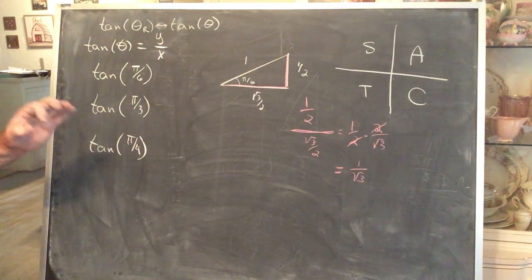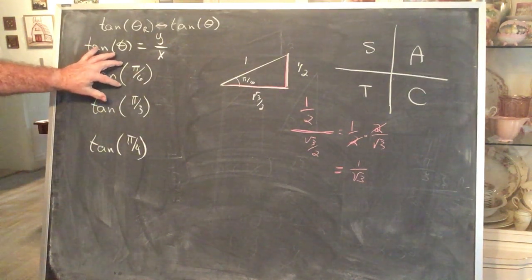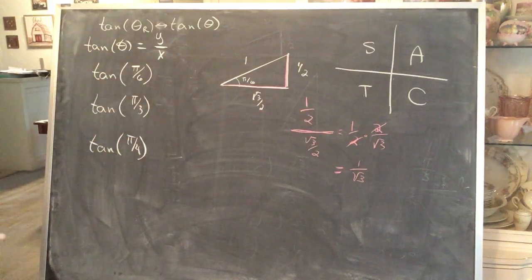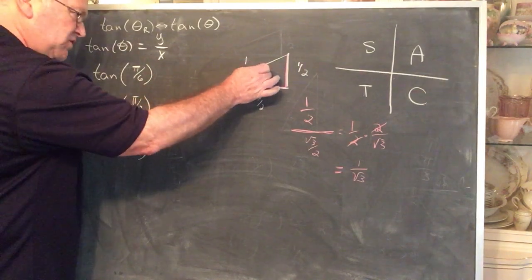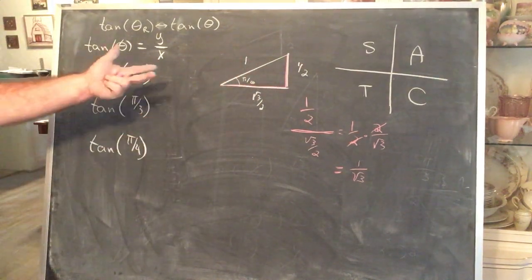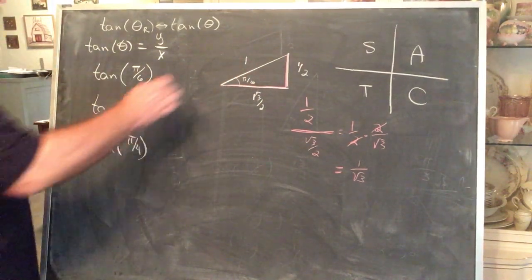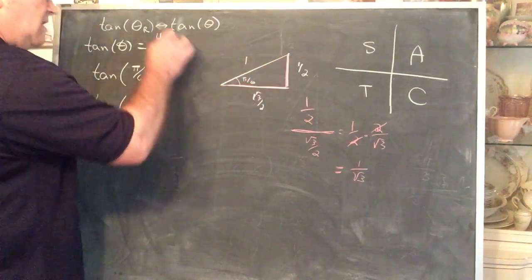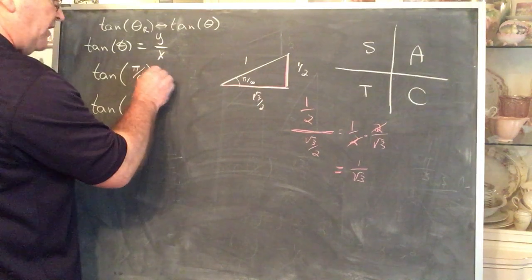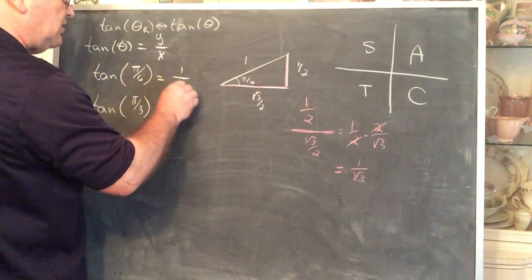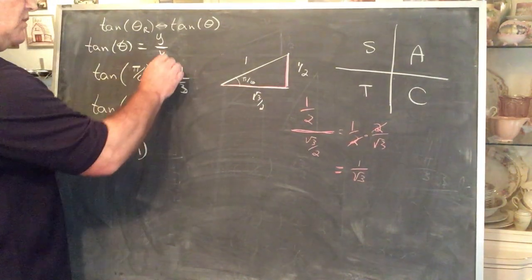Do you understand that? Do you see that? All you need are the numerators because we know denominators are going to cancel. So tangent for pi over 6, again, we have this triangle in our mind's eye. You can draw it out if you need to, but it's the vertical divided by the horizontal, y over x. So that becomes this numerator divided by this numerator. It's 1 over the square root of 3. All you need are the numerators.